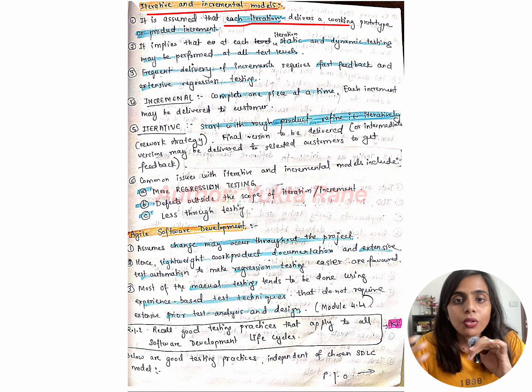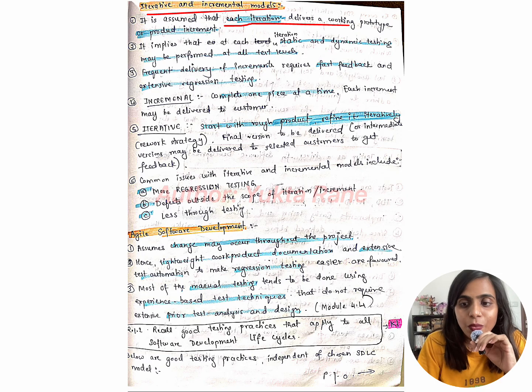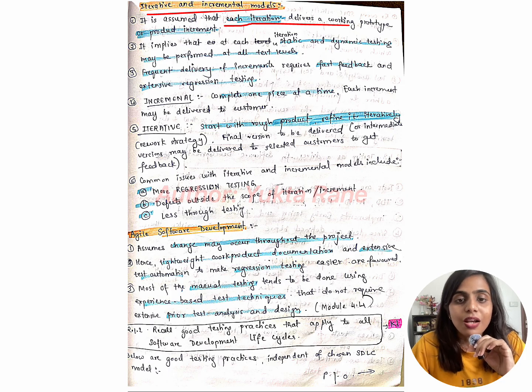You will make it more enhanced in features going forward, but at the end of every iteration you will have a deliverable working prototype for the customer, so that you get feedback very fast. At the same time, since you get the working prototype ready at the end of the iteration cycle, testing becomes very easy to carry out from the very start. So it pretty much satisfies your early testing principle.